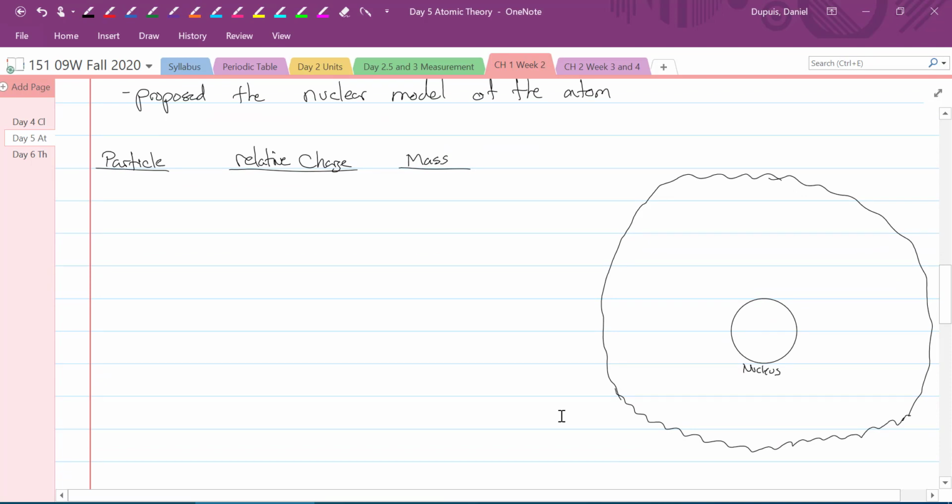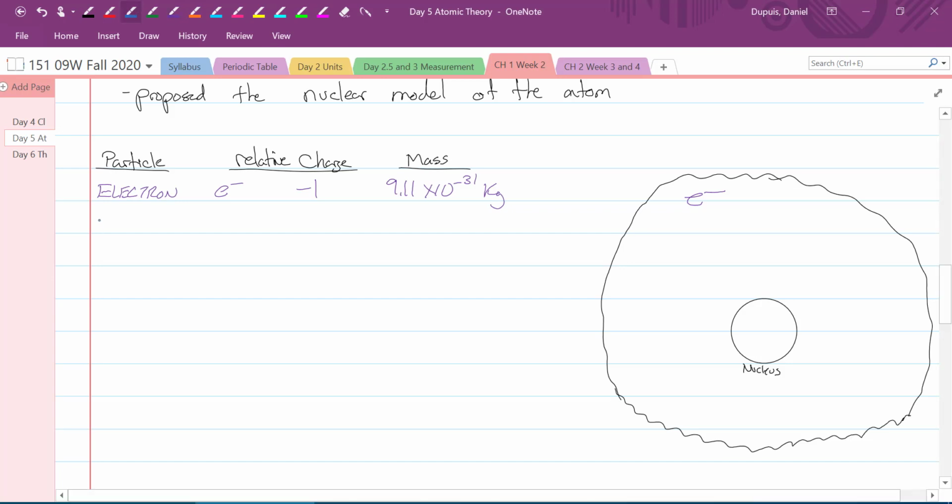There is the electron, which the symbol is going to be e negative, and they are outside of the nucleus. Right? The relative charge is -1, and the mass would be 9.11 times 10 to negative 31 kilograms. Or 9.11 times 10 to the negative 28 grams.